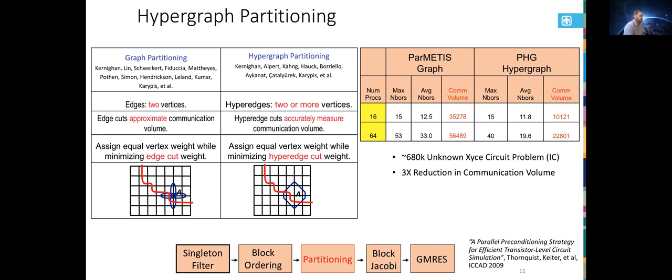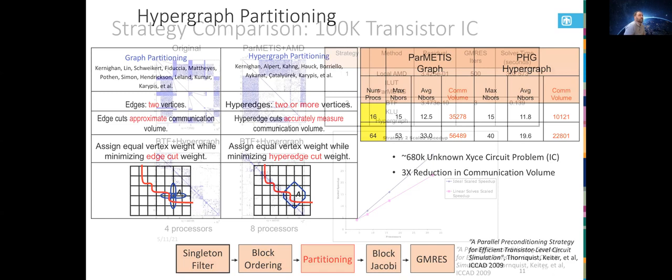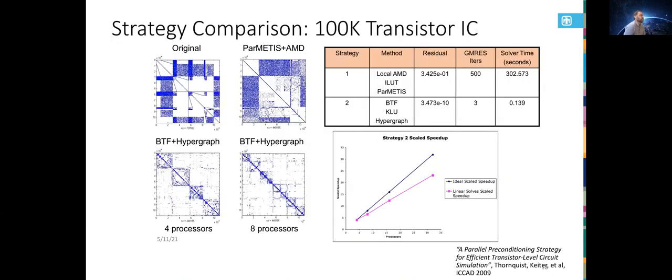And then once we have it in that form, with this particular combination of pre-processing steps, the Block-Jacobi preconditioner works pretty well, and then GMRES is the final bit. For a couple of circuits around the time of the paper, we saw really good performance. You can see here the progression of the matrix through different processing steps.